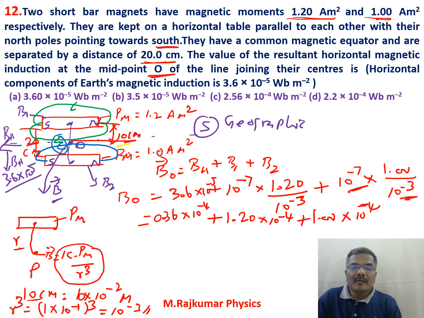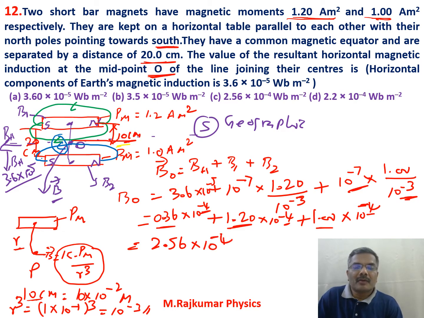To make the power the same, I am writing this 3.6 into 10 power minus 5 as 0.36 into 10 power minus 4. So now I can add all these things: 0.36, 1.2 and 1. 1.2 plus 1 is 2.2, and 2.2 plus 0.36 will be 2.56, so 2.56 into 10 power minus 4.